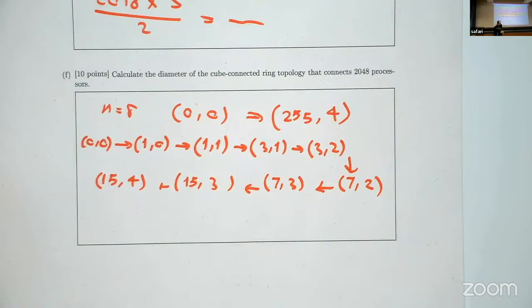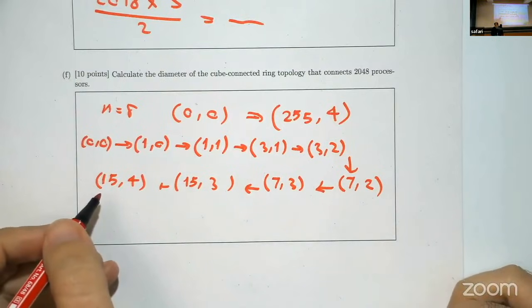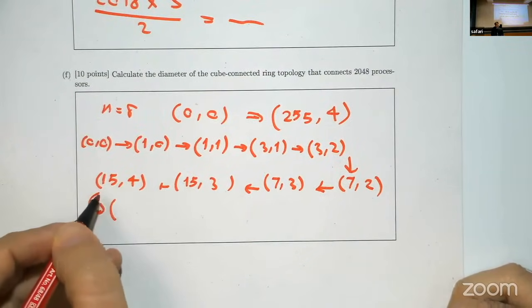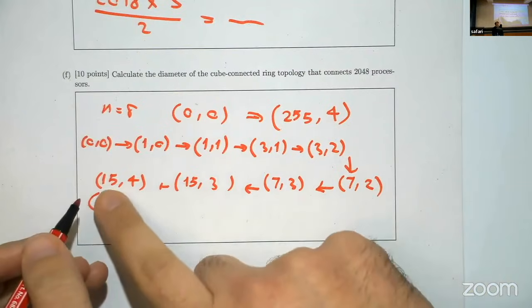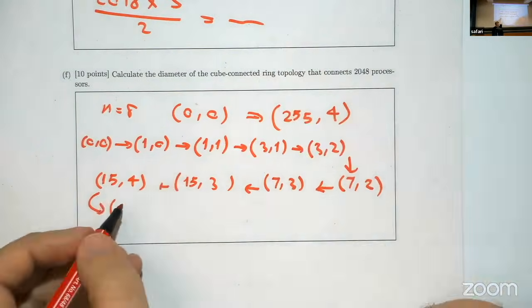We really need to take at least one link in the ring such that we can move forward to the hypercube. So okay, after this we will go another one in the hypercube, which is 15 plus 2 to the power 4, 16, 31.